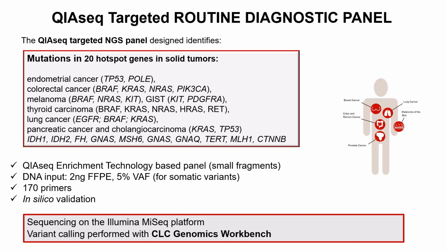The DNA input in this case is 2 nanograms because the number of targets is smaller than the other one, and the detectable VAF is 5%. This panel is composed of 170 primers. Also in this case we performed in silico validation, and sequencing was performed on the Illumina MiSeq platform. Variant calling, the secondary analysis, was again performed using the CLC Genomics Workbench.